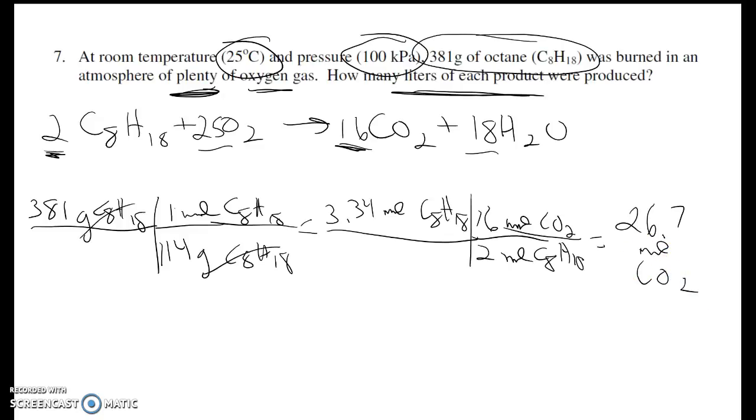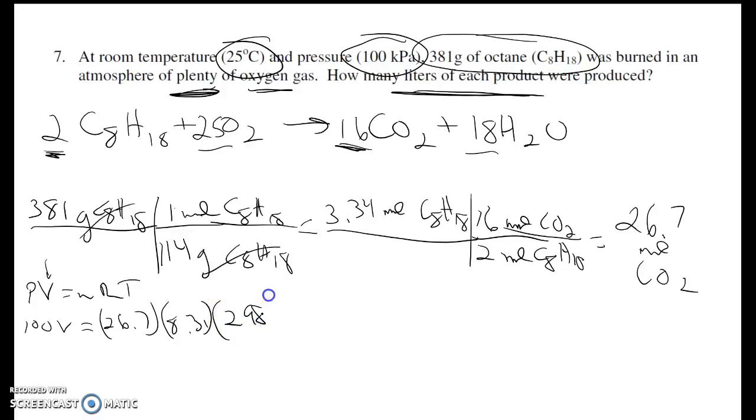And then our last step is to use the ideal gas law, PV equals nRT, to solve for volume of gas. Our pressure is 100 kPa, multiplied by V is equal to our moles of carbon dioxide, 26.7, times our constant, times our temperature in Kelvin. It's 25 Celsius, so I have to add 273 to it to get the Kelvin, 298 Kelvin.